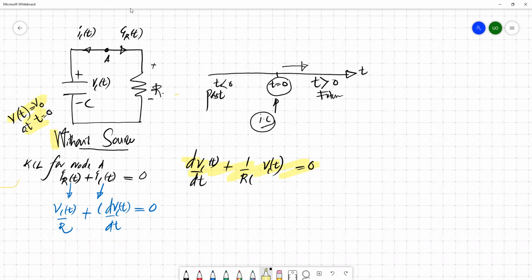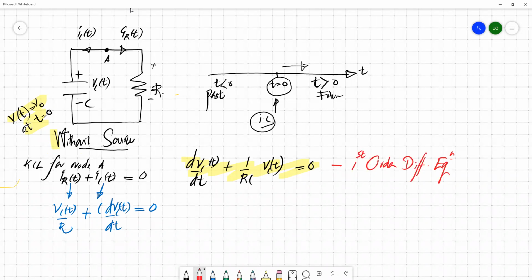So it means we can explain the voltage across the capacitor, the voltage across the resistor, the voltages in the circuit, using a first order differential equation. This is the first order differential equation.